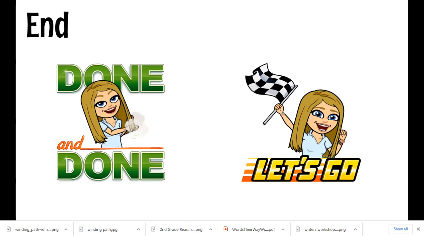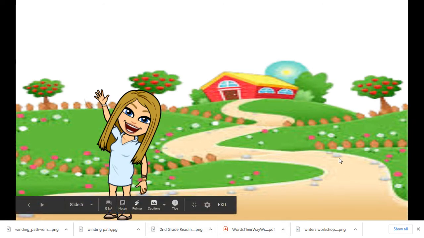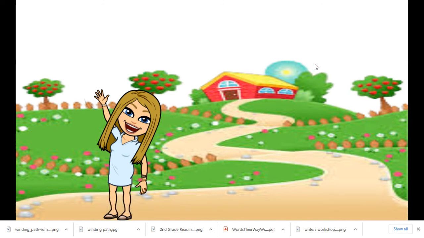All right, friends. So I have one more picture to show you. When we are talking about a retell, I want you to think about it as a winding path. So the story starts down at the bottom of the path and the journey continues until you end up somewhere and it is done. It is over.